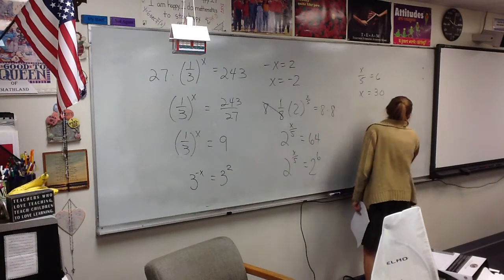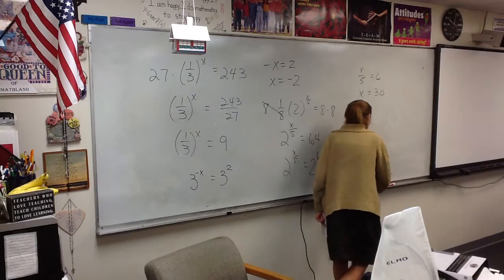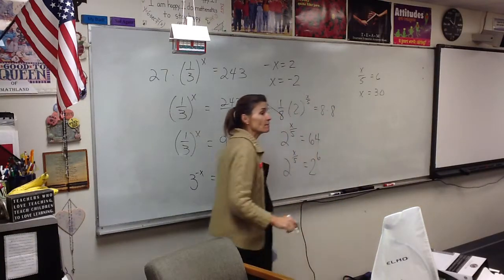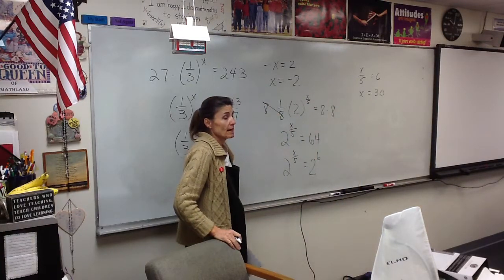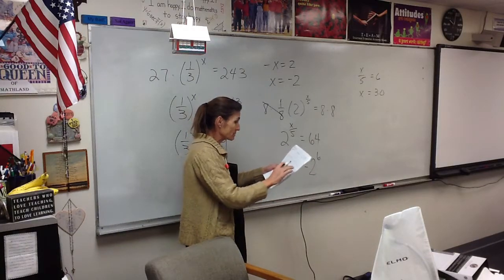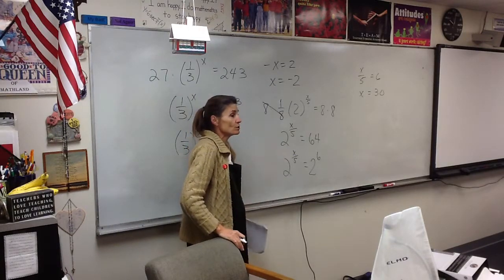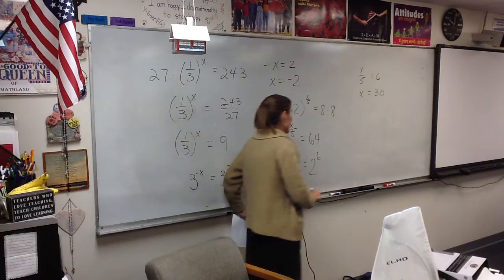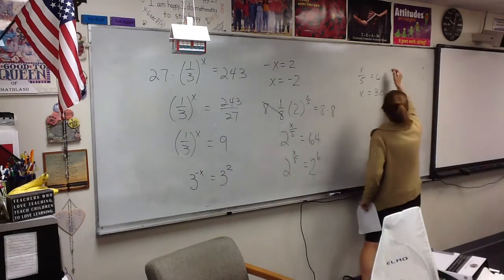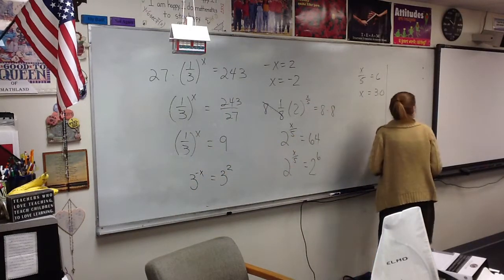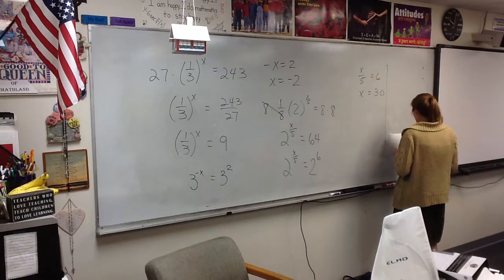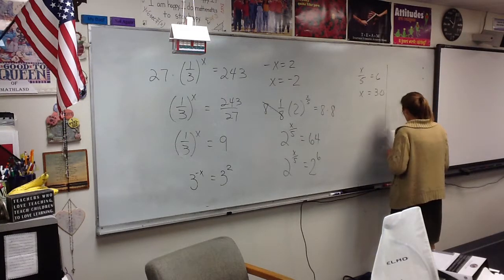Okay, now I'm going to make one up, and over to the side somewhere, if you've got some room, I want you to see if you can do this. Here's our practice problem to see if we're actually getting this.